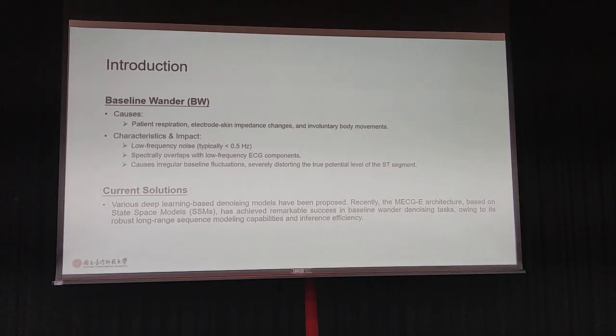This means its spectral distribution heavily overlaps with the low frequency components of the ECG itself. When severe baseline wander occurs, it causes irregular fluctuation along the baseline, which directly distorts the ST segment and can lead to clinical misdiagnosis.